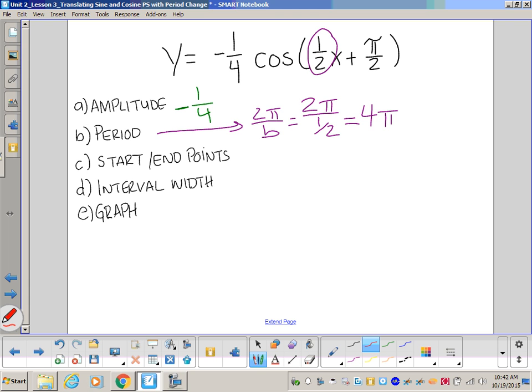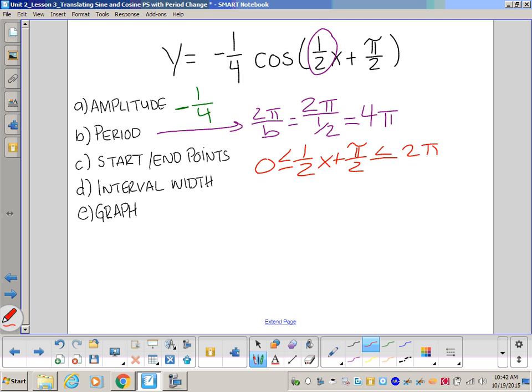So we'll find out where to start and find out where to end, very similarly to how we did the last time. So we'll set up our inequality. We're going to have to do 2 steps.